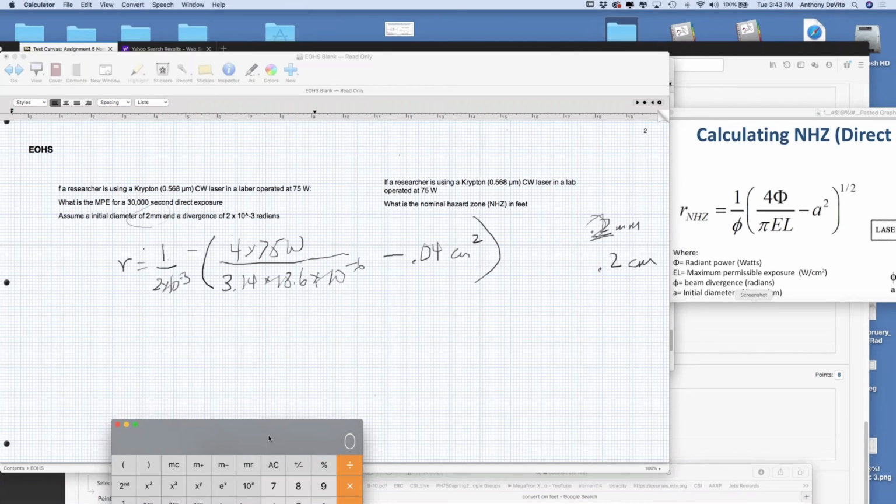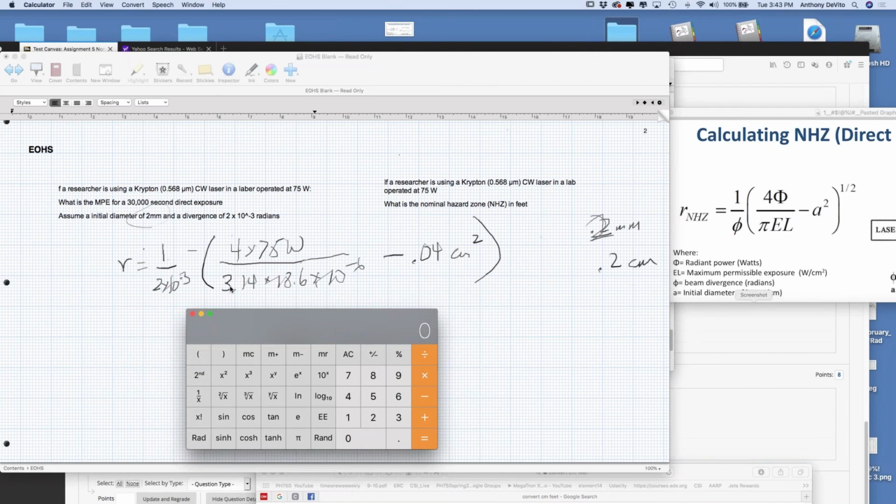I'm going to clear this out and clear out memory. So my denominator here is going to be 3.14 times 18.6, which is equal to that. I'm going to move that into memory and clear that out. I'm going to ignore the 10 to the minus 6 for now; I'll deal with that later.